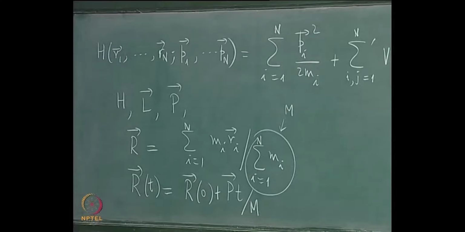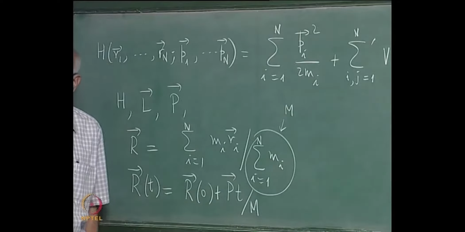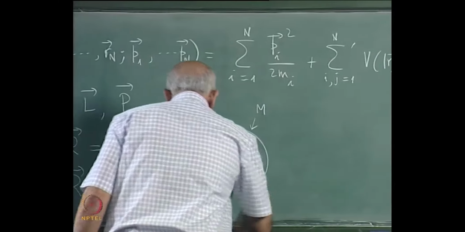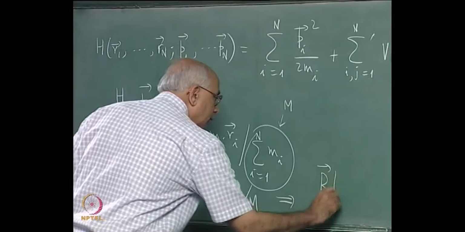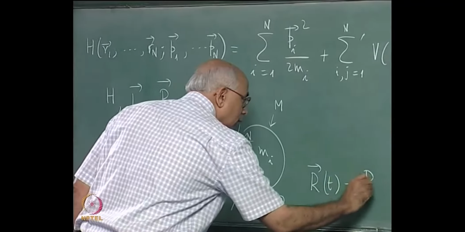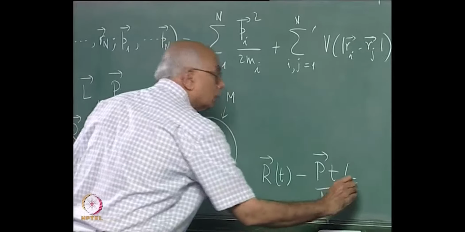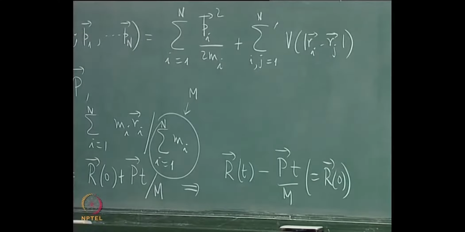We can prove this very rigorously, but physically it is very clear that the center of mass would just drift along at uniform speed given by P over M, where P is the total momentum, because it is a constant. This immediately implies that the combination R as a function of t minus P times t over M, which happens to be equal to R of 0, is in fact a constant of the motion.